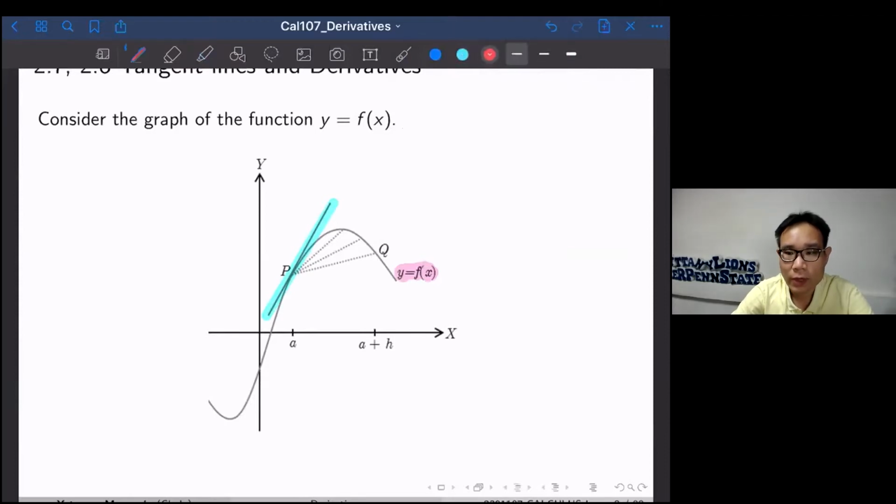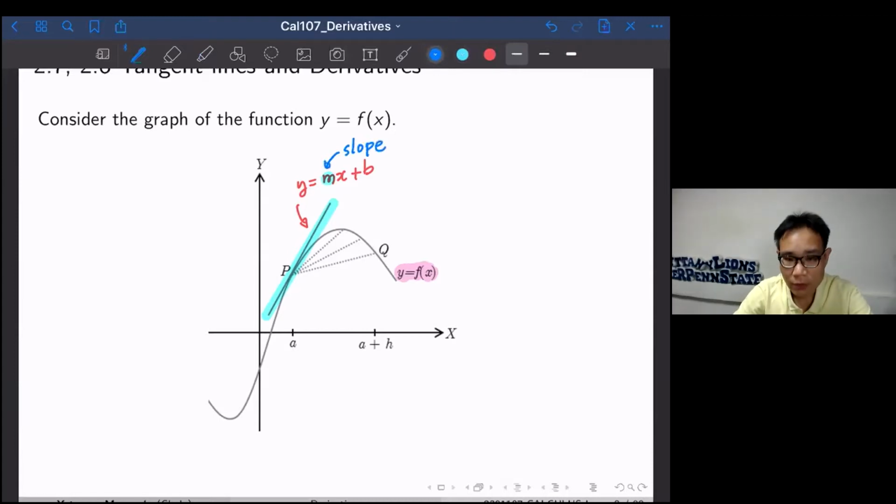In order to find it, you recall that it has equation y equal to mx plus b, and m denotes the slope of the tangent line. This is what we normally call the slope of the tangent line.